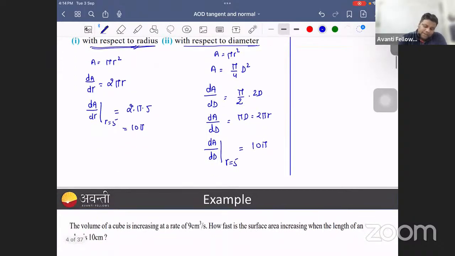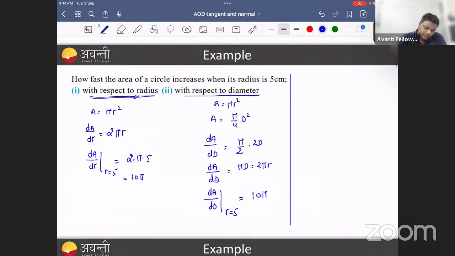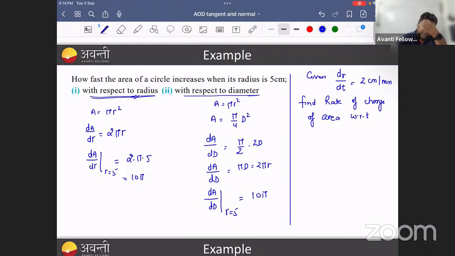Now see, sometimes they ask you, the given is that the radius is changing at a rate of 2 centimeter per minute. Now they are asking you to find the rate of change of area with respect to time when radius is 5. So now what we will do: area is pi r square. Now you differentiate it with respect to t.